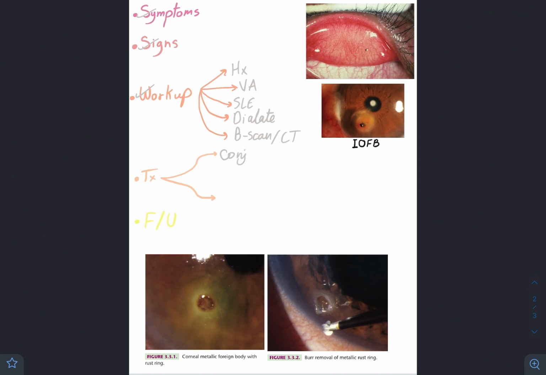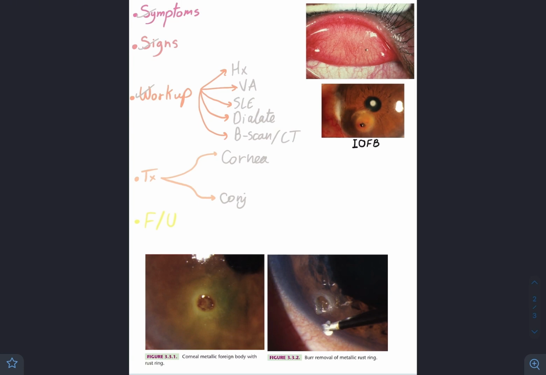We are going to talk about the conjunctival foreign bodies, and we're going to talk about the corneal, but let's start with the corneal foreign bodies first. If there's a corneal foreign body, you should apply topical anesthesia and try to remove the foreign body, either with a spud, fine forceps, or small gauge needle, at a slit lamp, of course.